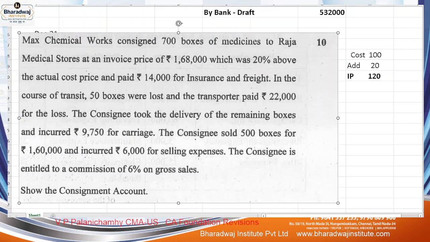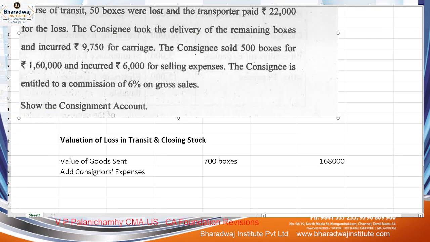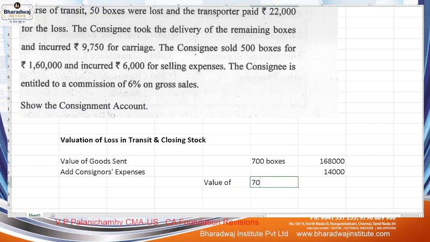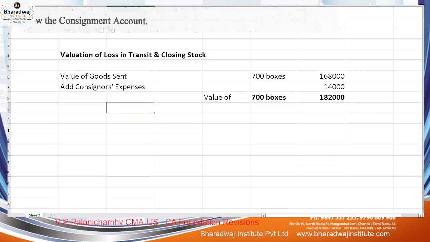What is the consignor's expense? 14,000. So this will give us the value of how many boxes? 700 boxes. So the value of 700 boxes is 1,82,000. In that, what is lost in transit?